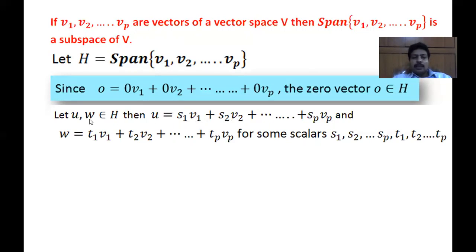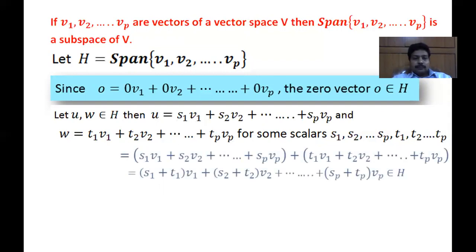Similarly, another vector v also can be written as t1v1 plus t2v2 and so on tpvp for some other scalars. So here s1, s2, sp and t1, t2 and so on tp are scalars. So now u plus v is equal to s1v1 plus s2v2 and so on spvp plus t1v1 plus t2v2 and so on tpvp.